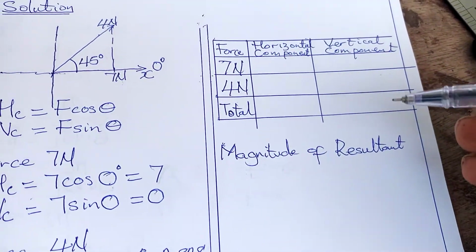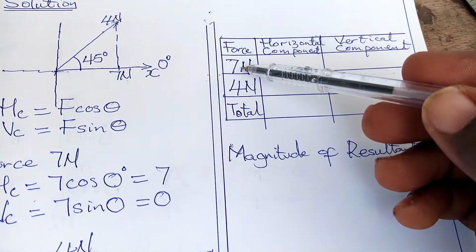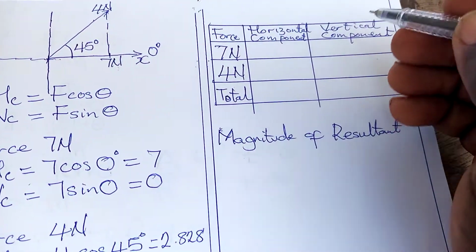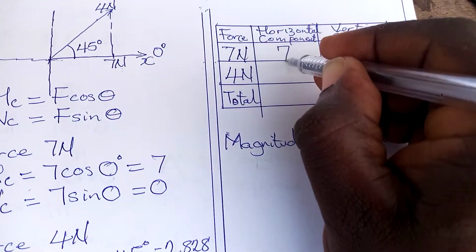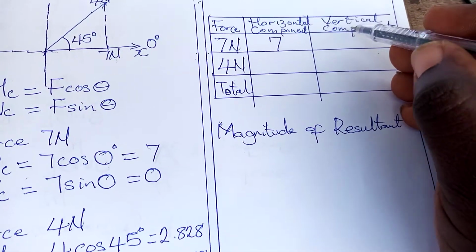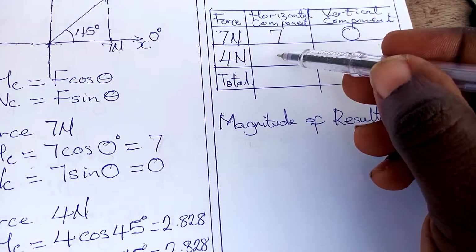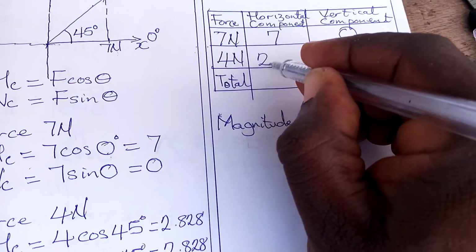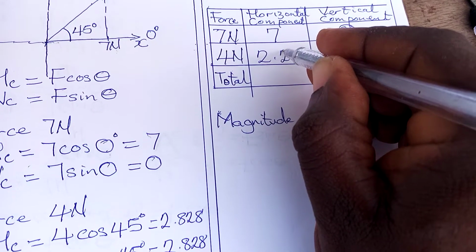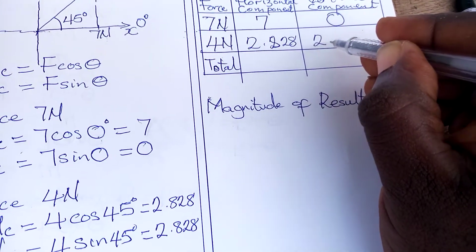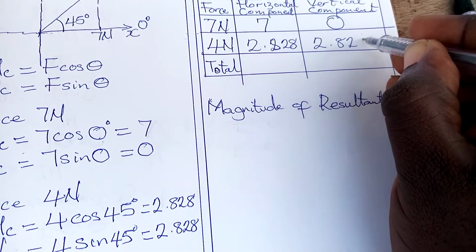So at this point now, we can make a table so that we can see it properly. So for the horizontal component for force 7 newton, the horizontal component is 7. The vertical component is 0. Yes, for force 4 newton, here we have 2.828, and here we have 2.828.